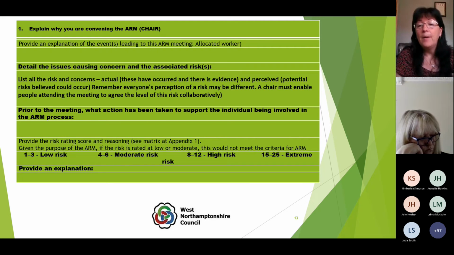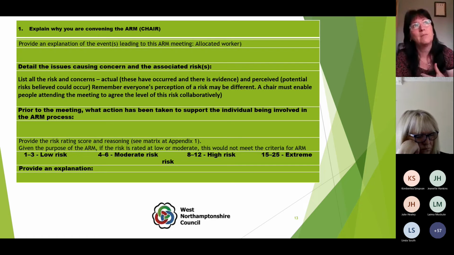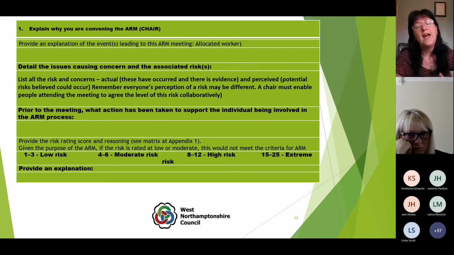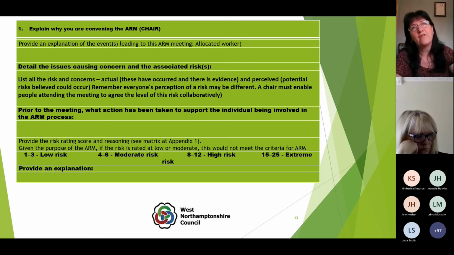There is the risk management scoring, which I've been through previously, and I'm going to come on to that. But again, for each risk that you're talking about, it's really important that you identify which risks. Some of those risks might be identified as extreme because you might have somebody who's hoarding and they have got things piled up in their home.